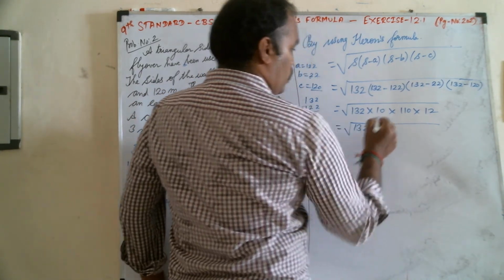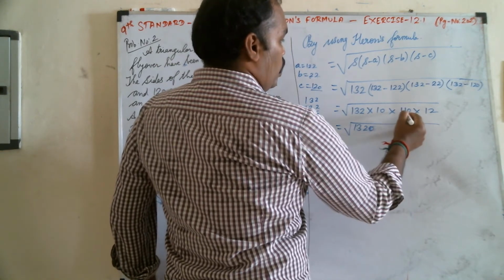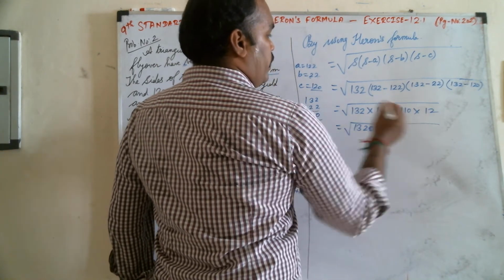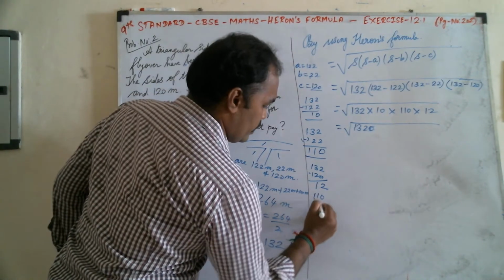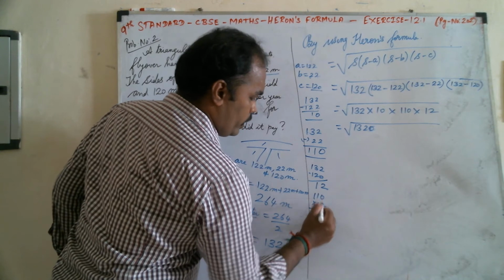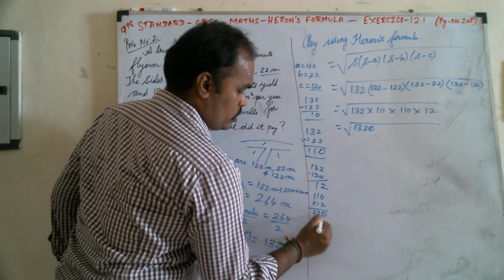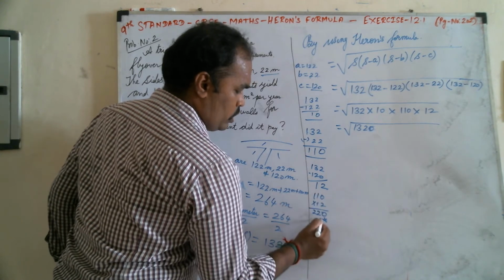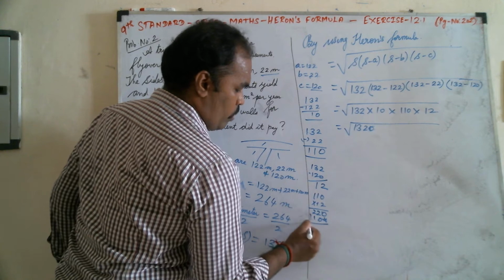Now 132 into 10 is 1320. 110 multiplied by 12: 2 into 0, 0. 2 ones are 2. 1 into 0, 0. 1 into 1, 1. 1 into 1, 1.